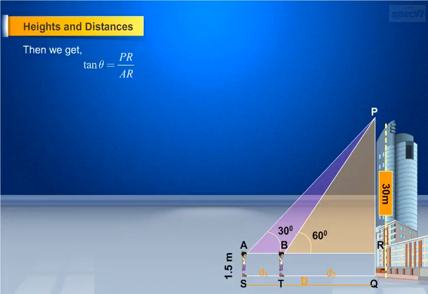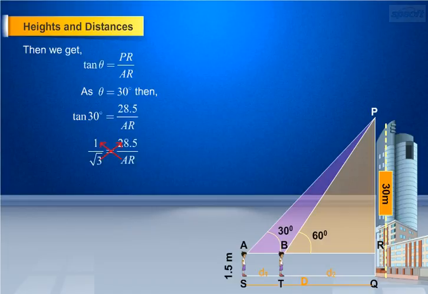As theta equals 30 degrees, tan 30 degrees equals 28.5 by AR. As we know that tan 30 degrees equals 1 by root 3, we have 1 by root 3 equals 28.5 by AR. By cross multiplication, we get AR equals 28.5 root 3.